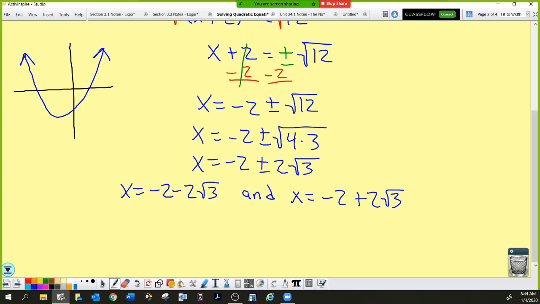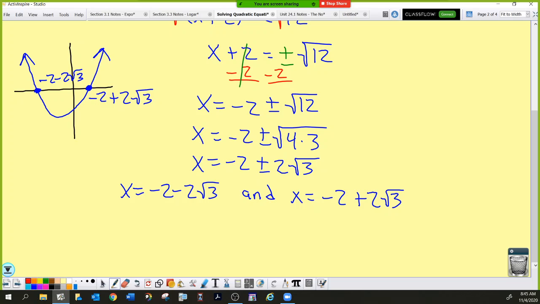This could be the graph of the parabola that we just solved for x. Its 2 x-intercepts are negative 2 plus 2 root 3 and negative 2 minus 2 root 3.